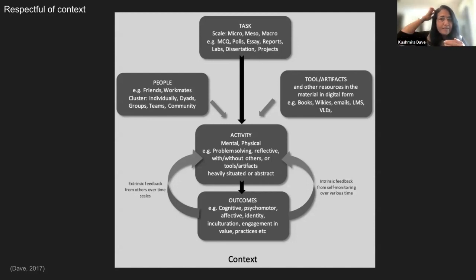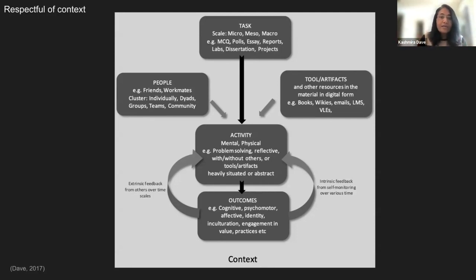As I think Tom mentioned as well, there could be a small one, like a small MCQ quiz, or a little bit bigger task such as an essay, whatever.